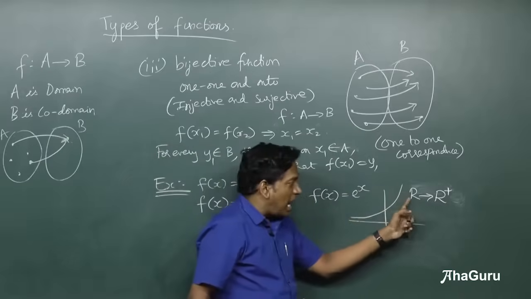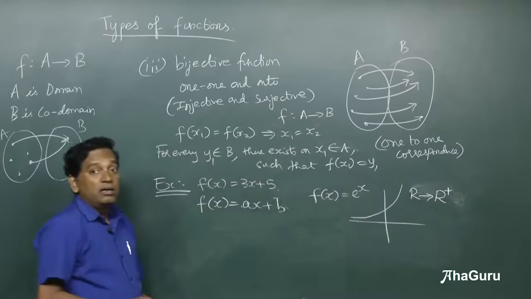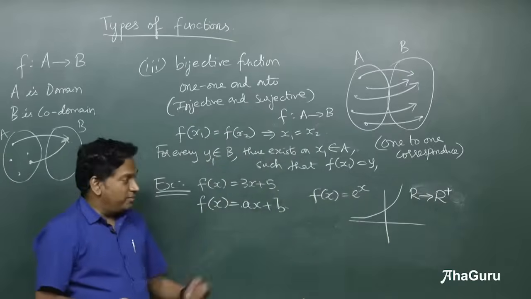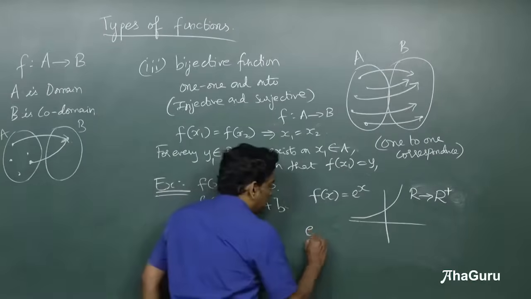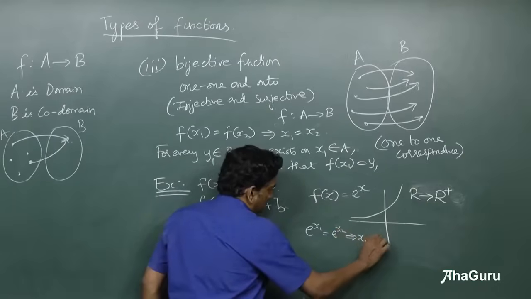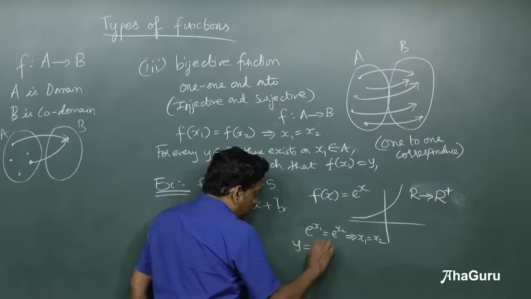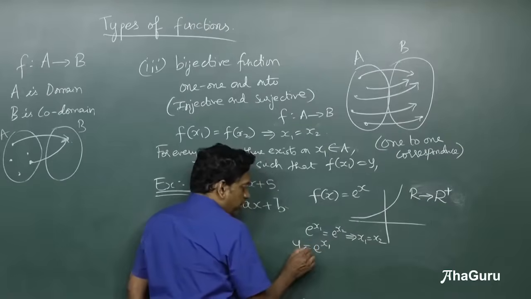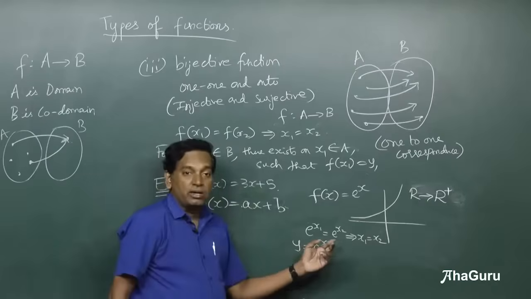So if you make it R to R plus, you will find that it is an onto function. It's already 1-1, so it's a bijective function, which means e^x1 = e^x2 will imply x1 = x2, and for every y belonging to R plus, we can find y = e^x1.